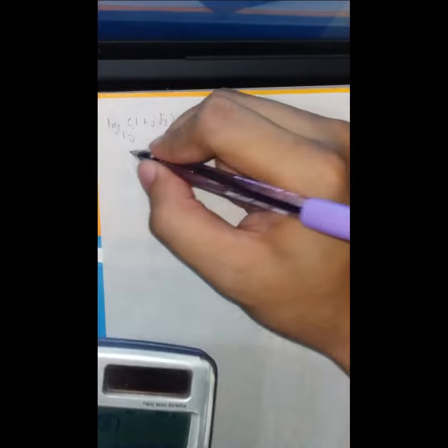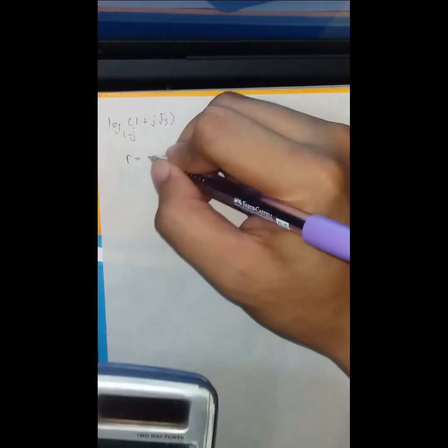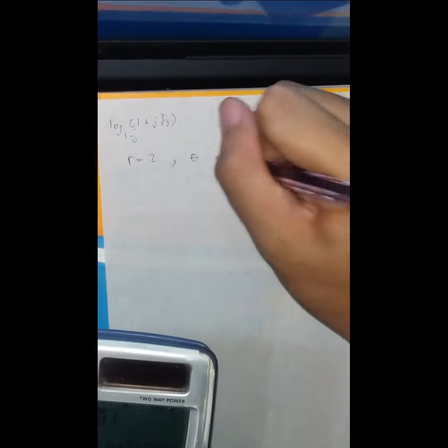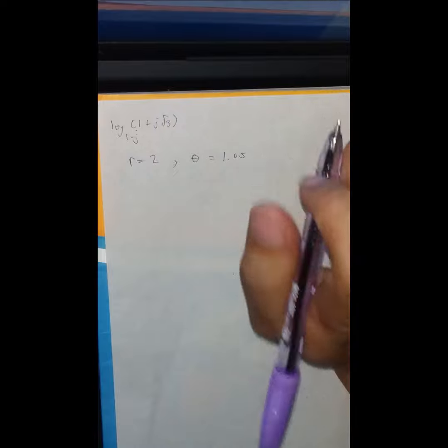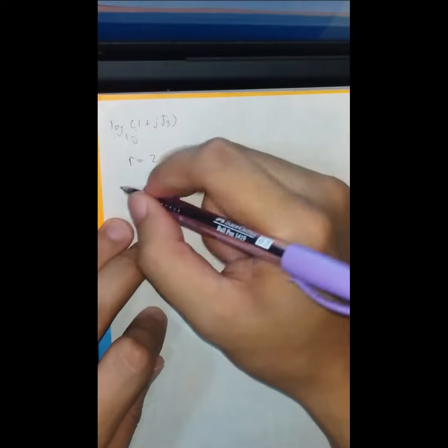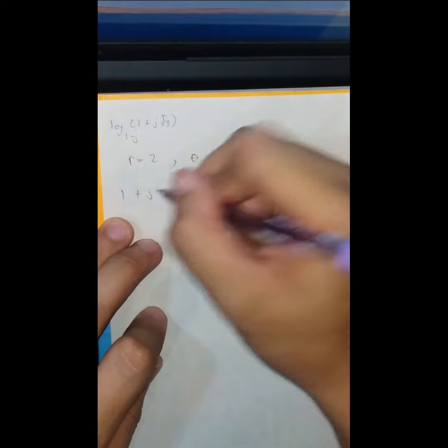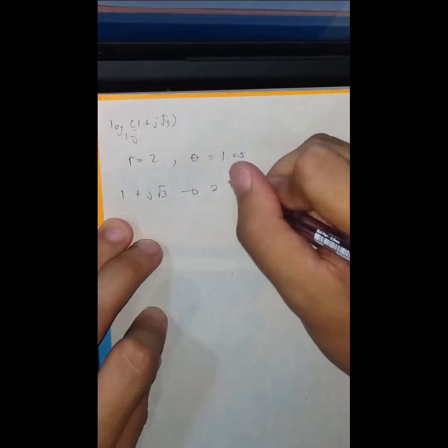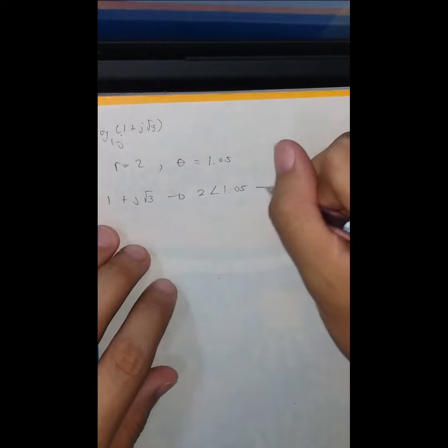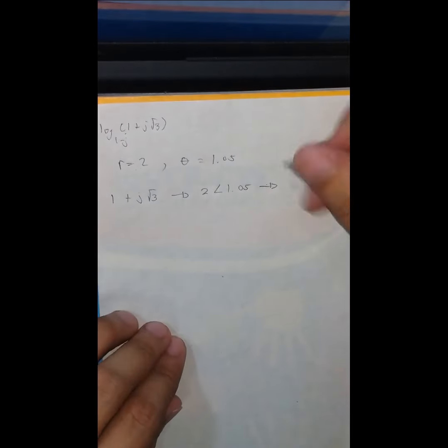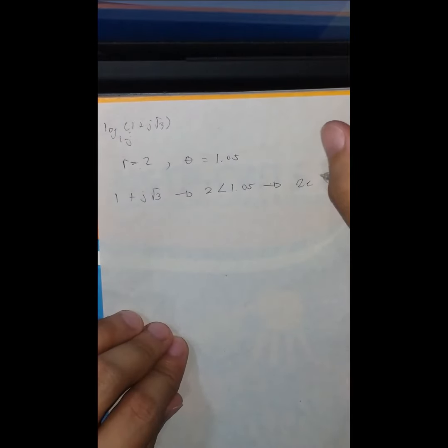So we got r is equal to 2 and our angle is just 1.05, just like in the previous problem. So from the rectangular form to the polar form, we have an angle of 1.05, then we convert this to exponential form, which is 2e raised to j 1.05.